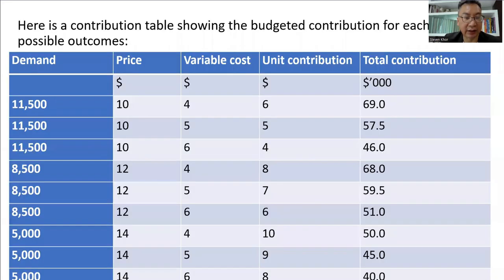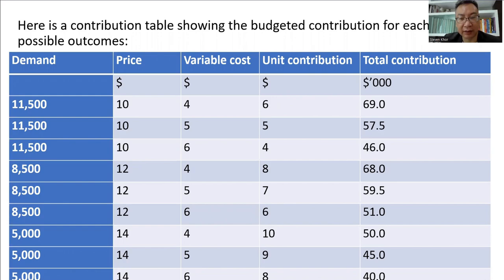Now let's look at the different variables and charts. Here is a table that shows the different types of demand, starting from the demand of 11,500 first. If you charge $10 per unit, the demand is this, and the variable cost is given. The unit contribution is 10 minus 4, equal to 6.